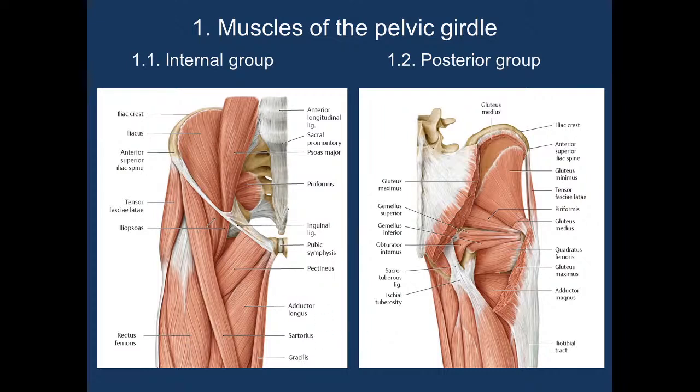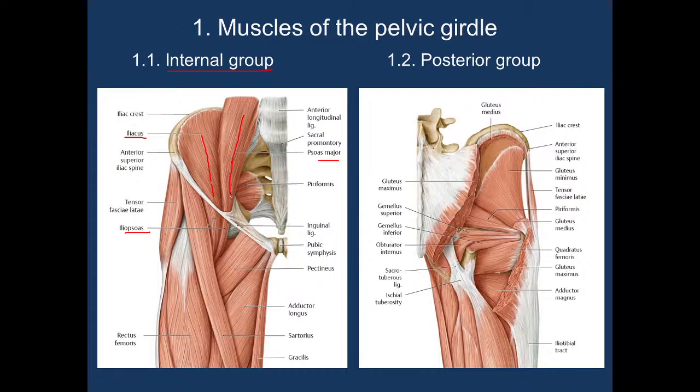Pelvic girdle muscles have two subdivisions. The internal group is located inside of the pelvis. First of the biggest muscles is the iliopsoas muscle, which combines two muscles, psoas major and iliacus.